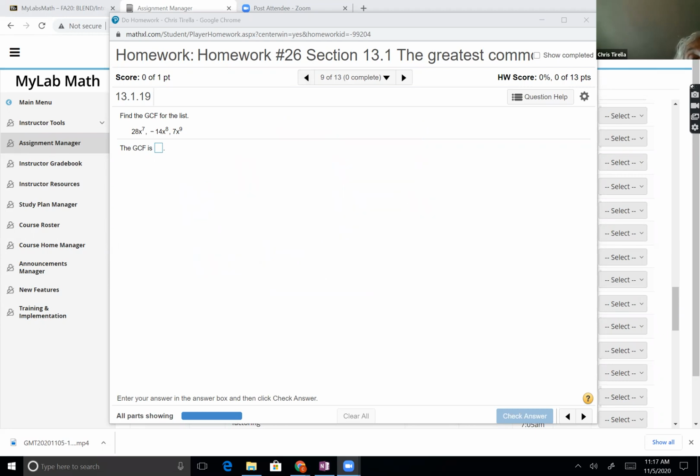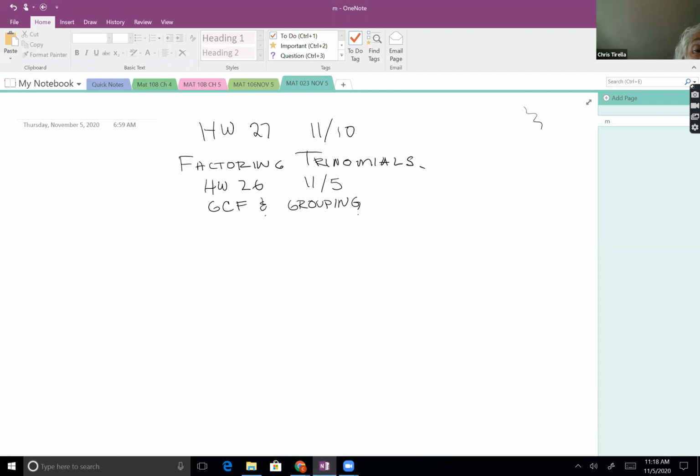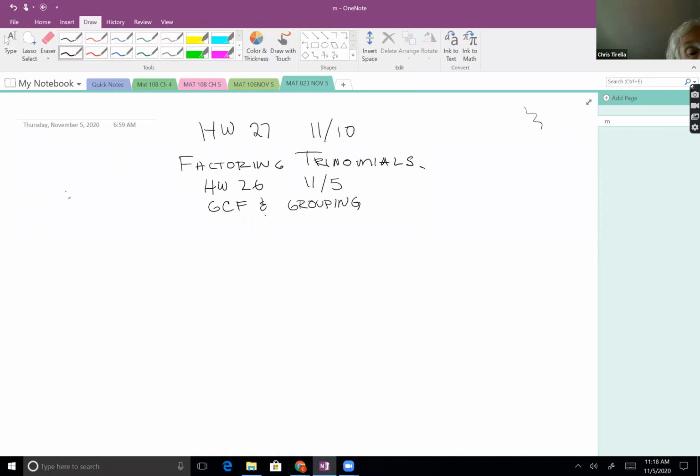All right, then today we're going to go a little bit beyond common factoring and grouping to look at the idea of factoring trinomials.